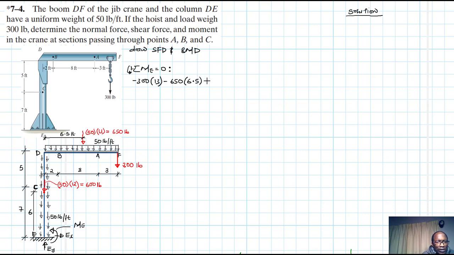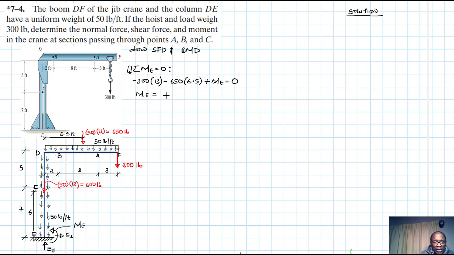What else? This is about it. Plus ME equal to 0. Therefore, our ME is going to give us, let's grab our calculators, minus 300 times 13 minus 650 times 6.5.